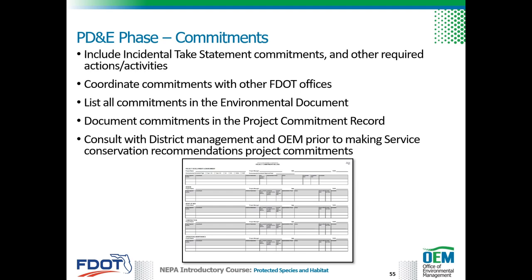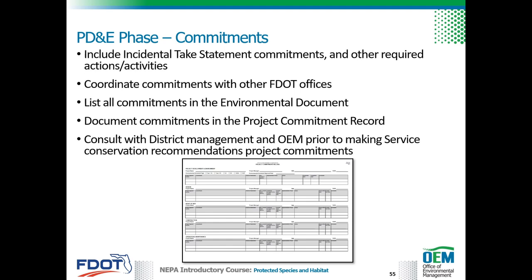Commitments may include the retrofitting of structures to serve as wildlife passages, building of wildlife crossings, wildlife signage, crossing structure monitoring, and protected species surveys during later phases. Commitments must be coordinated with other FDOT offices to ensure each commitment is feasible. These commitments are included in the commitment section of the environmental document.